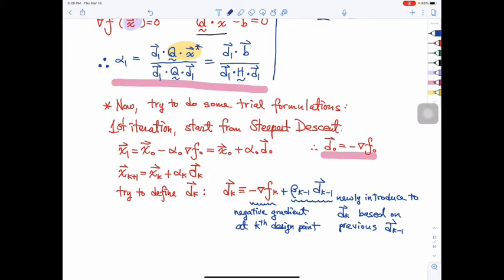We newly introduce a move direction to dk.